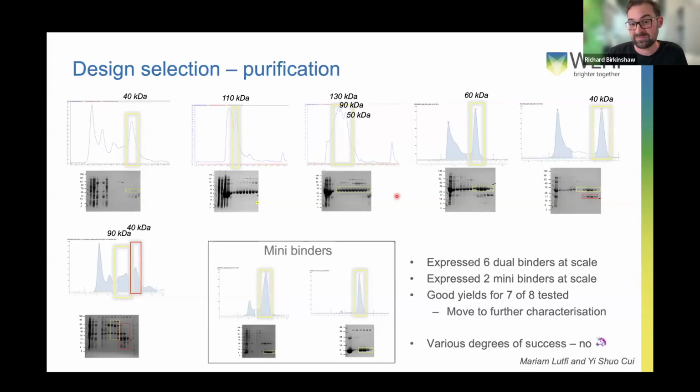Despite this, we were able to successfully purify them. There are just caveats to their oligomeric status. However, there were no unicorns in amongst this. We didn't get that one protein that expressed really well and didn't have some sort of degradation or oligomer that we weren't expecting.